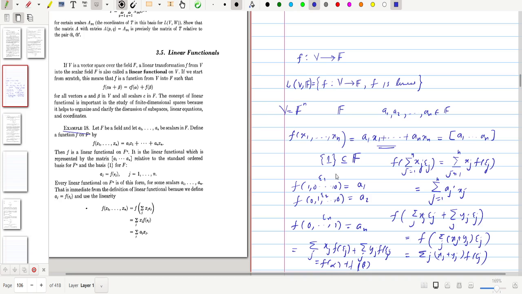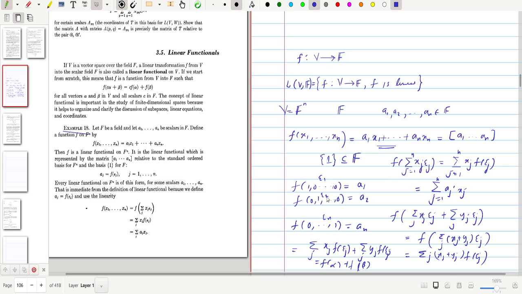Then f of (x1, ..., xn) is equal to a1 x1 plus ... plus an xn. This can be treated as (a1, a2, ..., an), because this function depends only on these. As long as x1, x2, ..., xn is fixed, the image depends only on a1, a2, ..., an. Or otherwise you can say that these are f of epsilon 1, f of epsilon 2, ..., f of epsilon n.